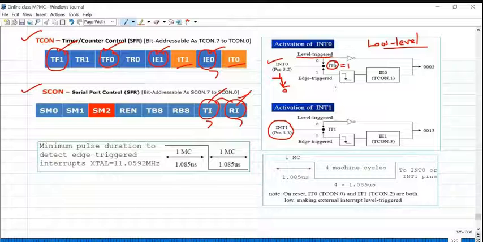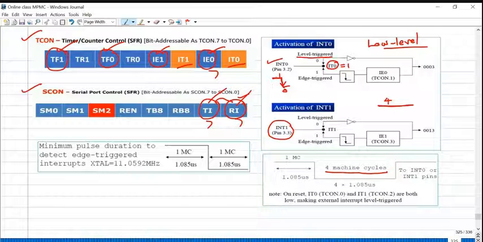In normal cases, INT0 and INT1 are both level triggering, particularly low level triggering. Low level triggering means that when the pin is in the zero state for a minimum of 4 machine cycles, and one machine cycle is 1.085 microseconds, so 4 times 1.085 microseconds, a minimum of this much time is needed.